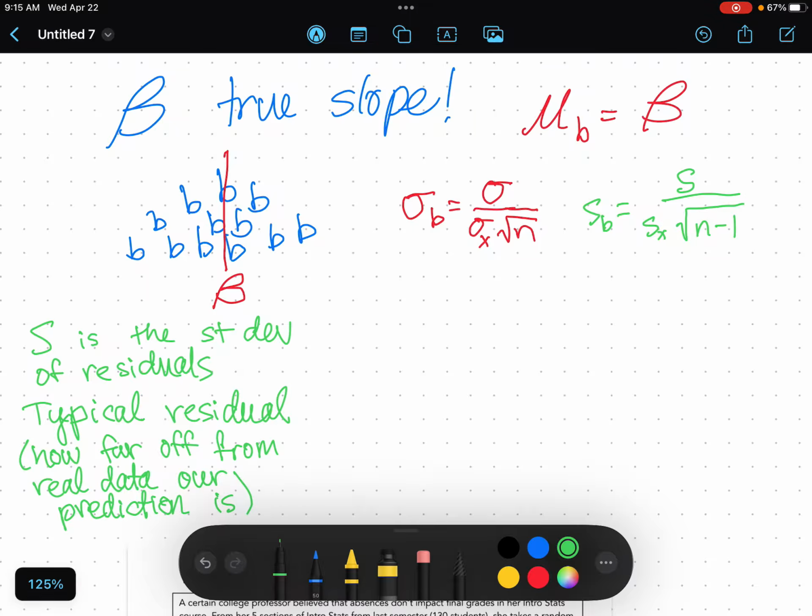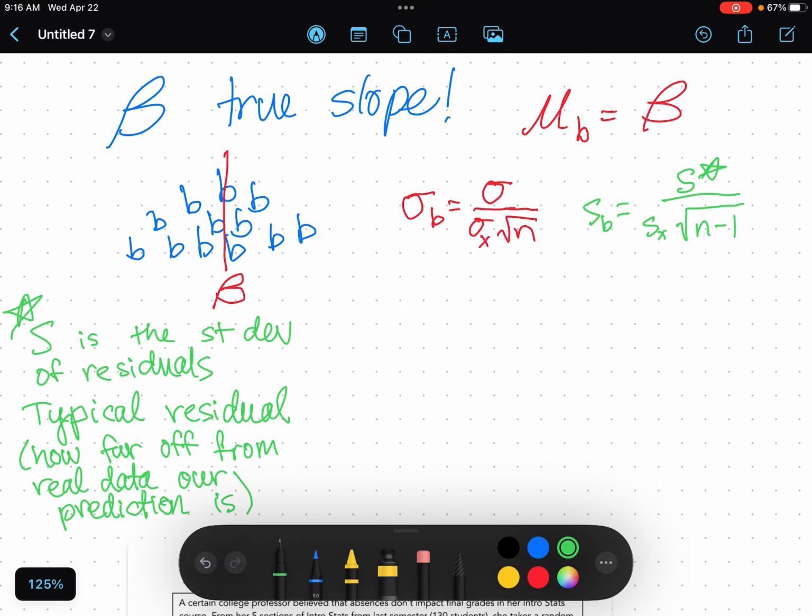We're talking about grades, so typically, when we predict a final grade based on how many days somebody's been absent, our prediction is usually within 5 of the actual grade that they received. So that's what s is. There's stuff in the book about how to interpret s better. It's pretty rare to ask for interpretation of s, but the standard deviation of residuals is coming into play today. So the numerator of that fraction is this s.